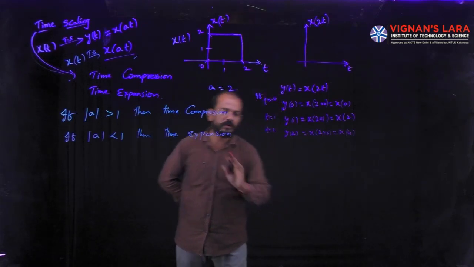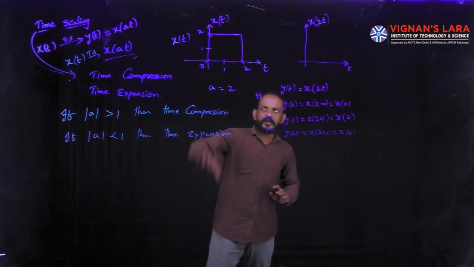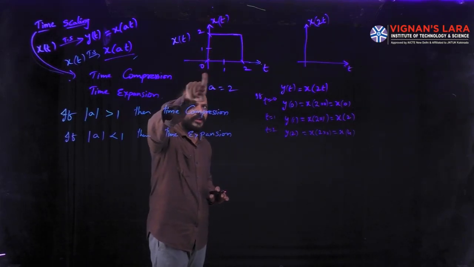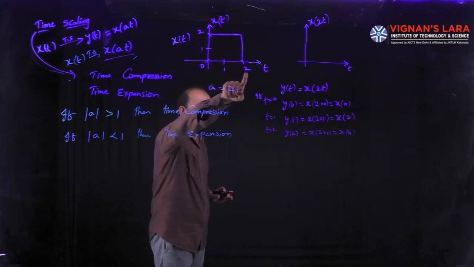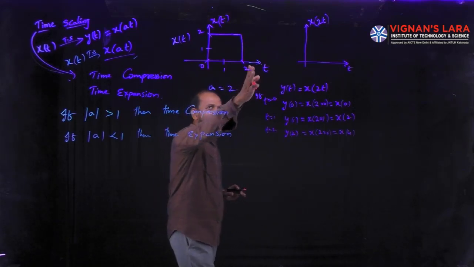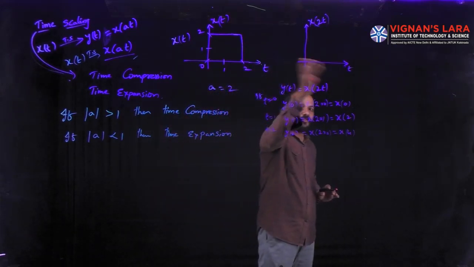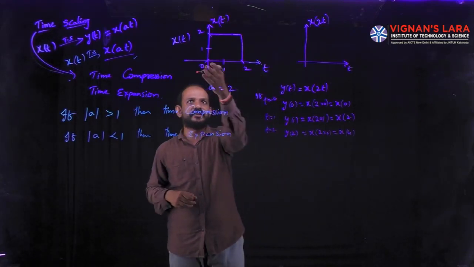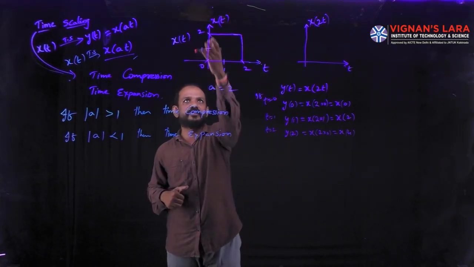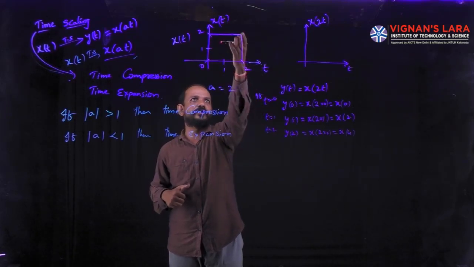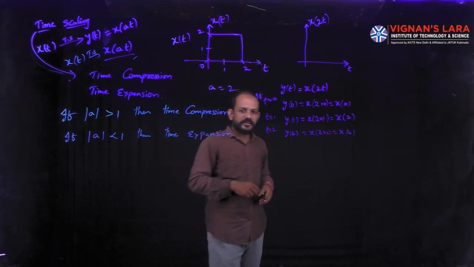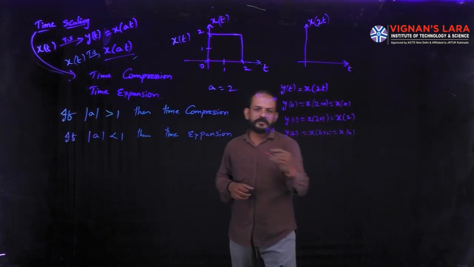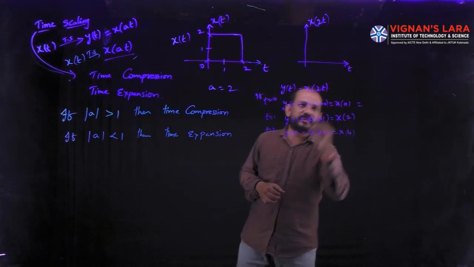Now I have the values of x of 0, x of 1, x of 2, and x of 3, x of 4, x of 5, where the values are zeros, because there is no amplitude there. What is the value of x of 0?